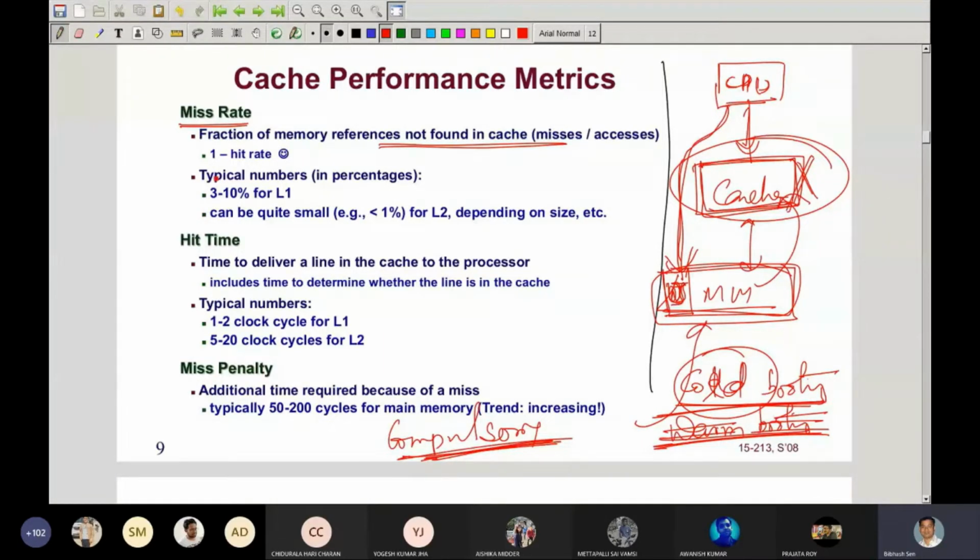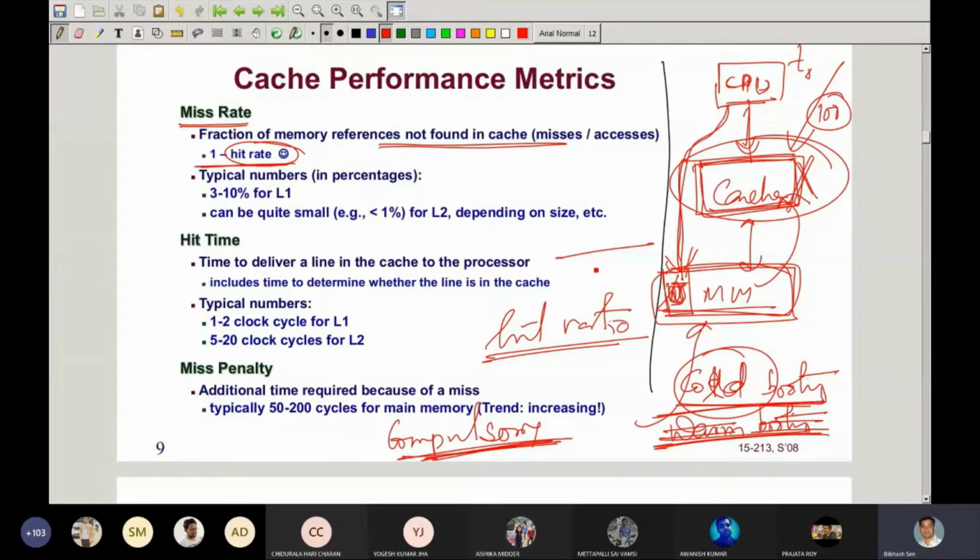Okay, and you find that miss rate is 1 minus hit rate. You remember, I am not telling hit rate. Actually we always find the hit ratio for a particular process or time duration, which you can compute for the particular cache. Suppose you are accessing the cache memory within a time delta t, 100 times.